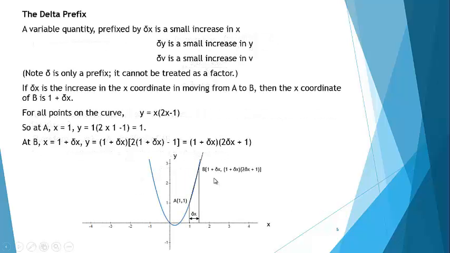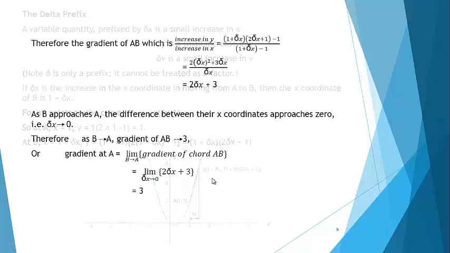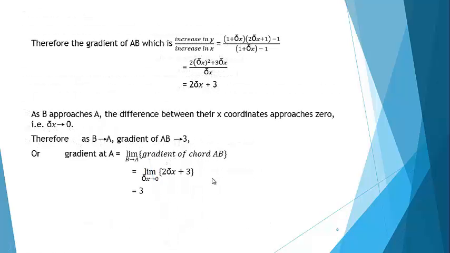And the denominator is the x coordinate of A taken away from the x coordinate of B, which is 1 plus delta x take away 1. By simplifying the expression, we get 2 delta x whole thing squared plus 3 delta x over delta x. And by dividing the top and the bottom by delta x, we get 2 delta x plus 3.